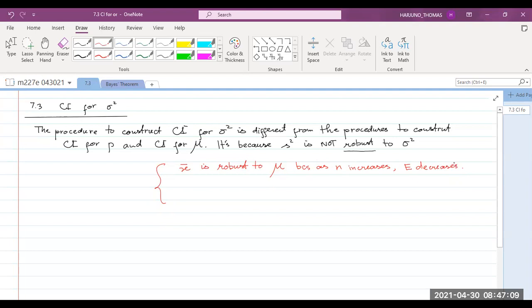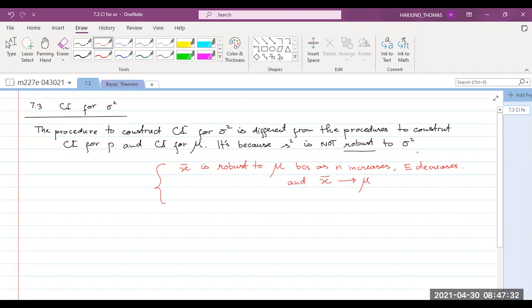Therefore, X bar, the sample mean, will target the population mean, getting closer and closer to the population mean as the sample size increases.